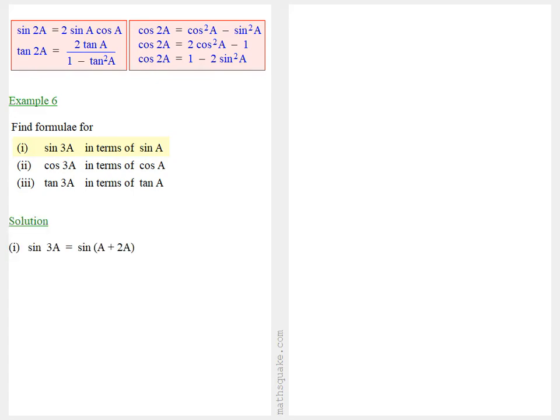So in part 1, sine of 3A could be written as sine of A plus 2A, which is sin A cos 2A plus cos A sin 2A.